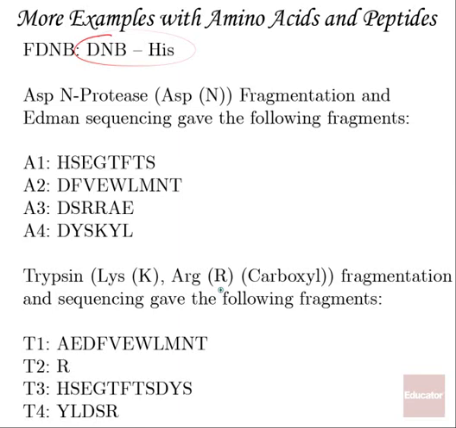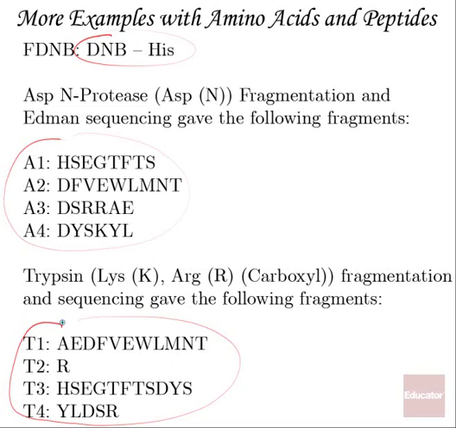Let's see what we've got here. Those fragments gave us this, and this, and this, and this. Let's see if we can put this together and find some overlap between these fragments and these fragments.